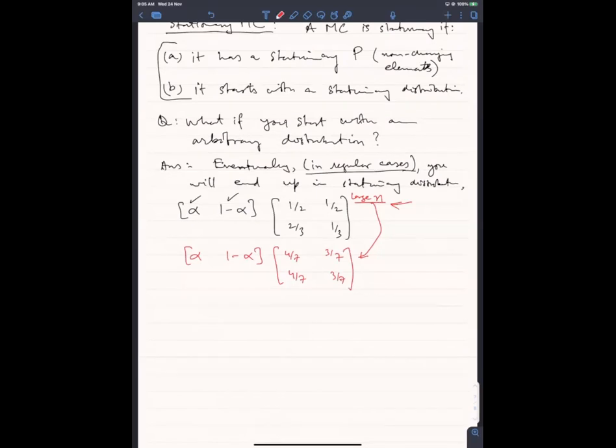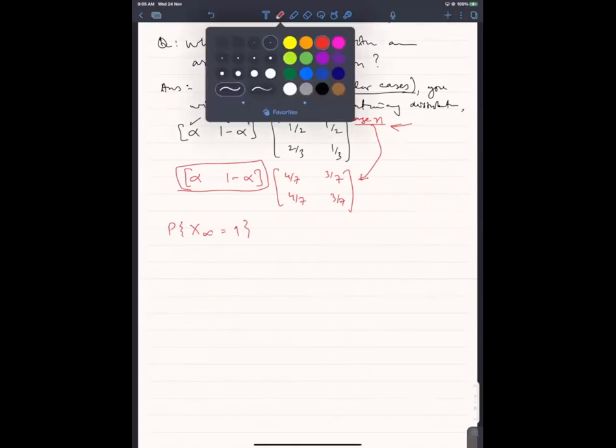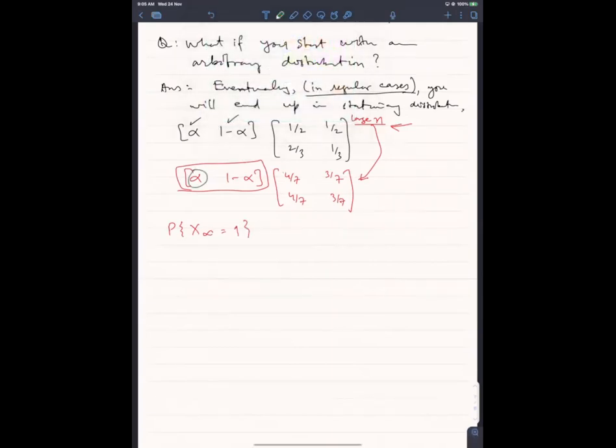Now, if you start with an arbitrary distribution and you do it enough number of times, what will happen? Probability x infinity is equal to 1 is alpha times 4 by 7 plus 1 minus alpha times 4 by 7.